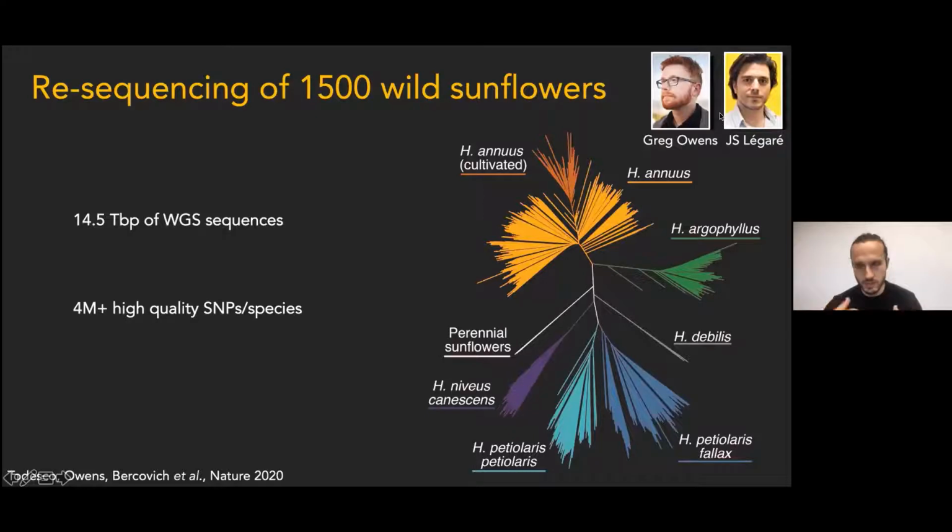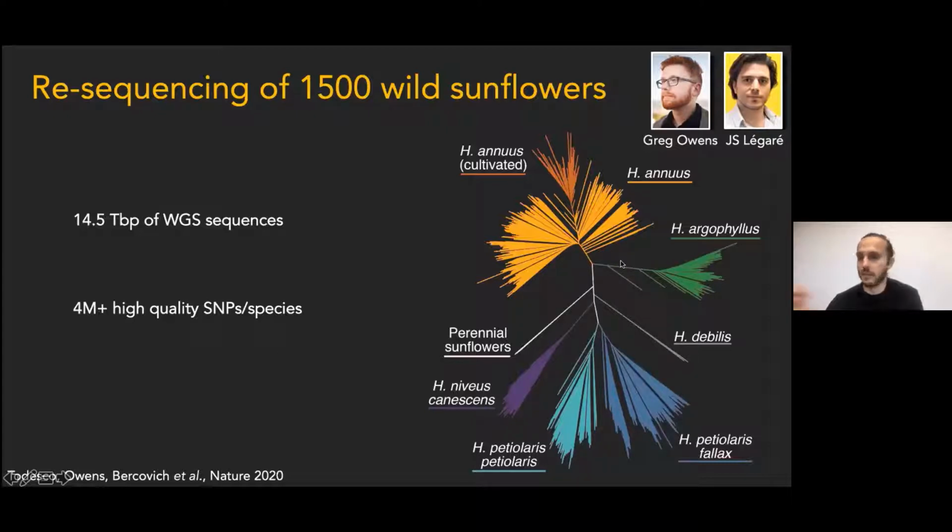While sunflowers are hugely diverse, not only phenotypically but also genetically, we had hundreds of millions of polymorphisms within these species, and we boiled them down to sets of 4 million very high quality SNPs.